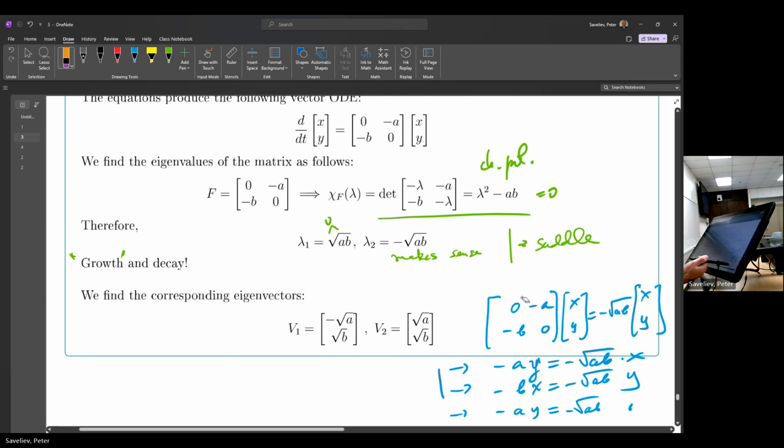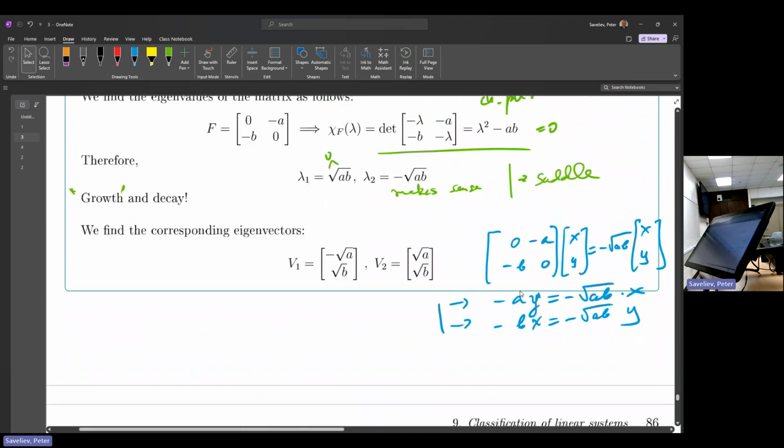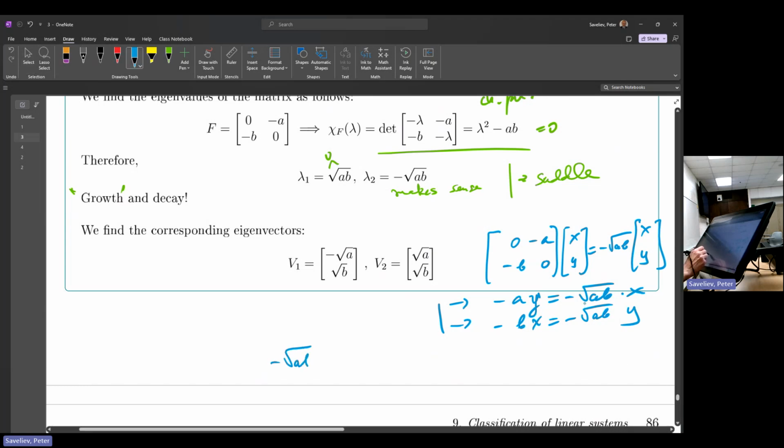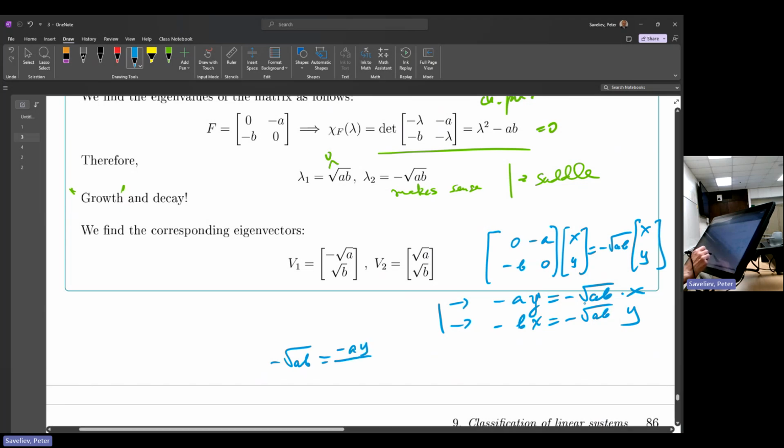Shoot, I wrote the answer without actually presenting how I found it. So let's confirm it's correct in the first place. Negative square root of ab is equal to negative a y over x, and also negative b x over y.